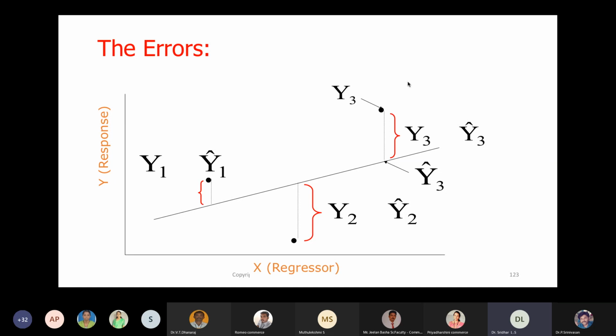When you propose a model or a cause-and-effect relationship, there is some term called the error term. We use epsilon as the term to denote the error. How much is that error? If it is close to limited error, the model is very robust.